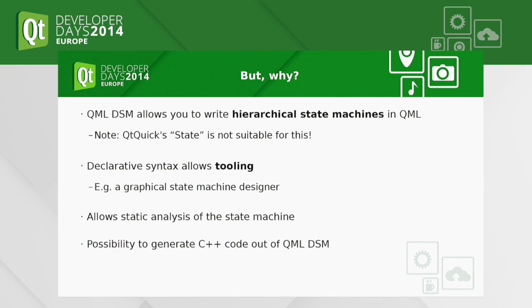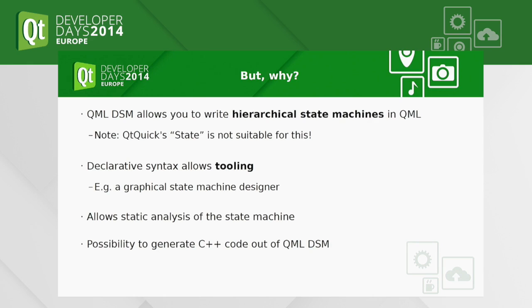Additionally, the declarative syntax allows us to do tooling. So we could write, for example, a graphical state machine editor, where you can drag together states and transitions, finalize it, and then export this QML code in the declarative manner. And additionally to that, because you have declarative syntax and you have the whole machine visible at once, you can actually run static analysis on the state machine as well.